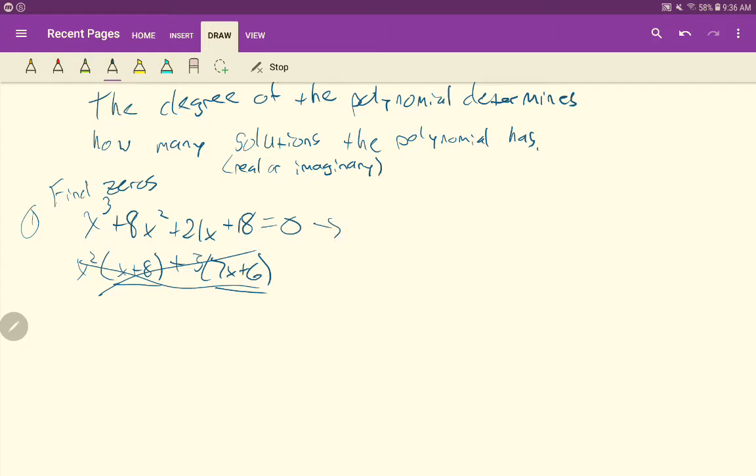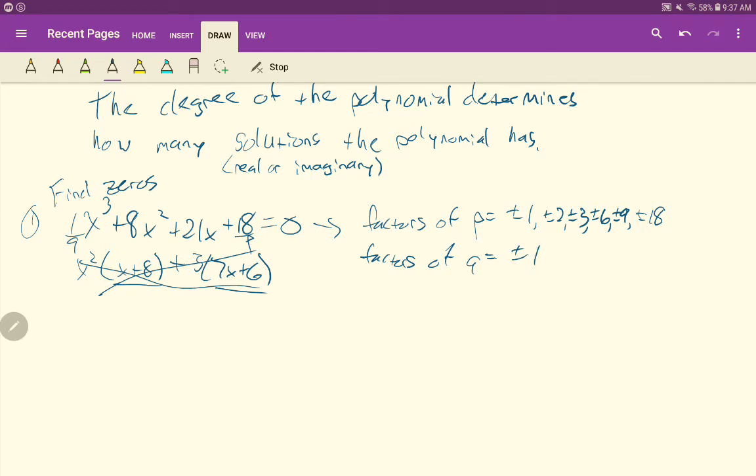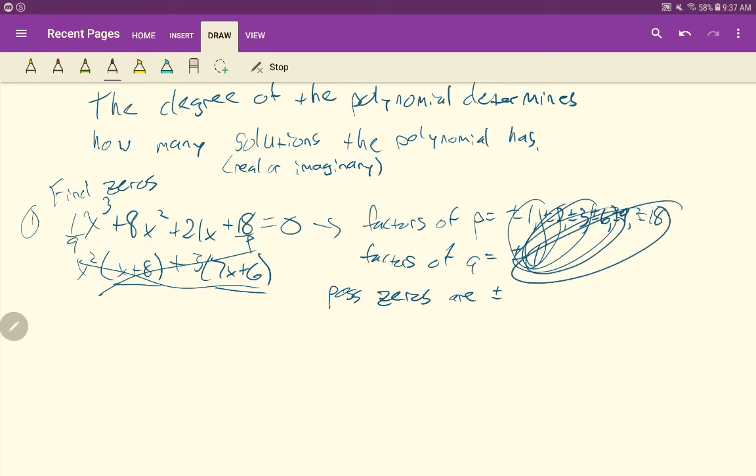So again, there's our p, there's our q, it's 1, and so the factors of p are plus or minus 1, 2, 3, 6, 9, and 18, and the factors of q are just plus or minus 1, and so then our possible zeros are 1 over 1, 2 over 1, 3 over 1, 6 over 1, 9 over 1, and 18 over 1.